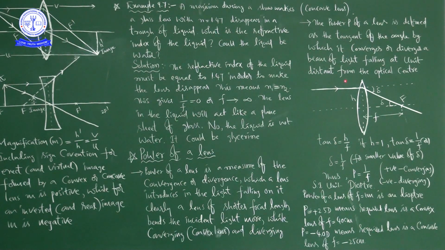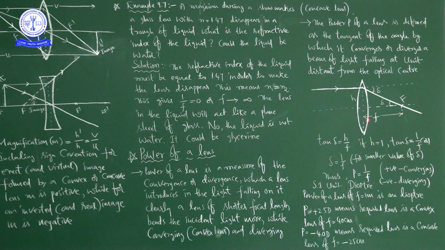So I will repeat once again, the power P of a lens is defined as the tangent of the angle by which it converges or diverges a beam of light falling at unit distance from the optical center. Unit distance from the optical center, right?